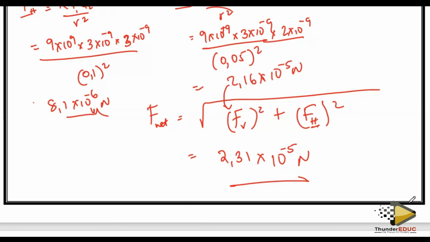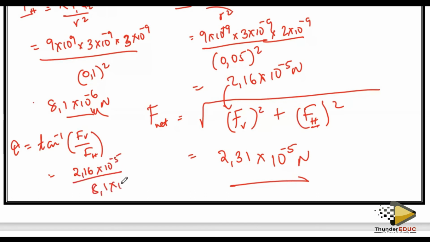That's the magnitude of the force. Then we need to get the direction. Theta must be the inverse tangent of the vertical over the horizontal. We substitute: 2.1 times 10 to the negative 5 over 8.1 times 10 to the negative 6. When you put that in, you get 2.3. This is the magnitude of the force.